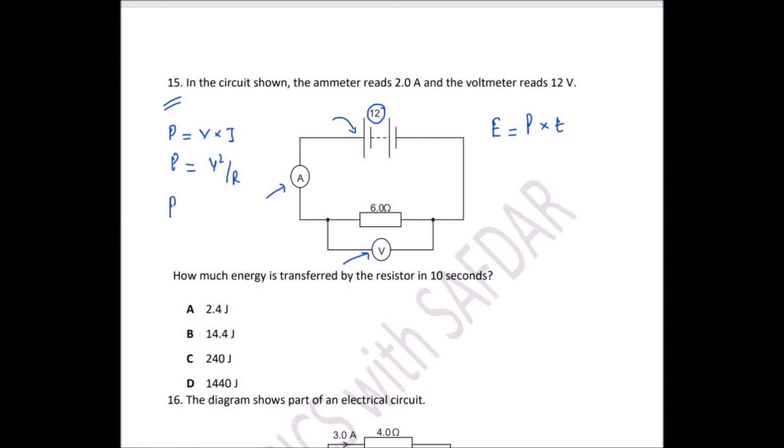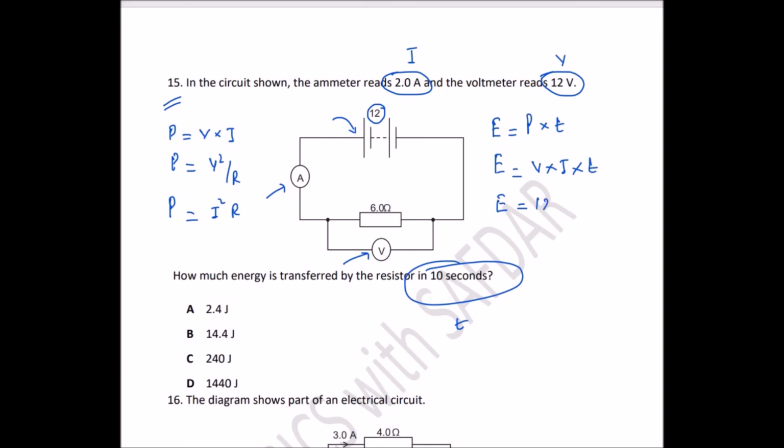And you can calculate power by using I squared times R. So look at the options. You have I and you have V, and time is 10 seconds. So here we are going to use the formula of power, V times I. Then you have time. Now put the numbers.